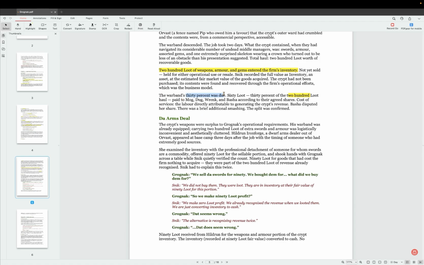So what was due is 30%, and 30% of 200 loot equals 60 loot, as they said here, right? 60 loot, 30% of the 200 loot.